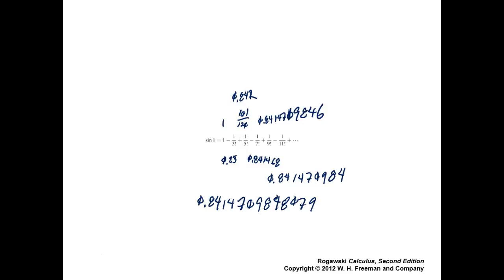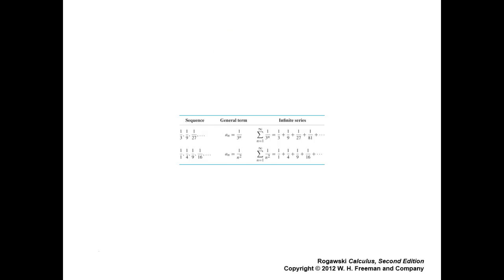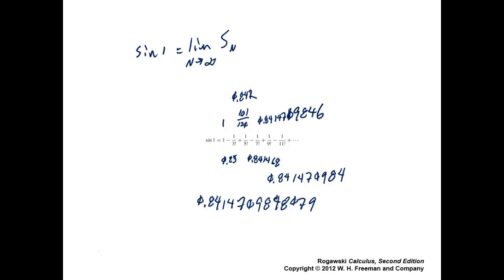And here's what it's actually saying, that the sine of 1 is equal to the limit, as n goes to infinity, of your s sub n, which was the nth partial sum. As n gets larger and larger, you're adding more and more terms to it. Shoot, you can't get any more precise than the calculator. After we did just 5 terms and got awfully close, 10 to the minus 9, probably in another term or two, you're going to be beyond what the precision of your calculator is. So yeah, you're there.